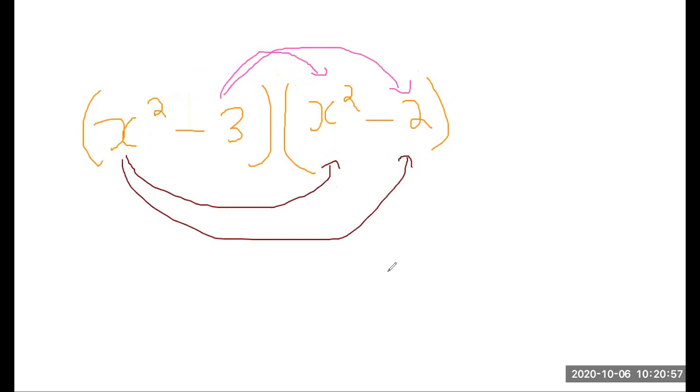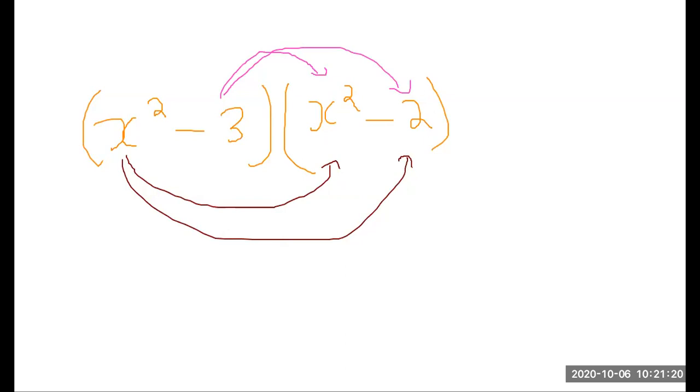So I have to do the distributive property several times, and I'm going to end up having more terms. Keep in mind, if each of these parentheses had 3 or 4 terms, I would have to do the distributive property 3 or 4 times. I have to do each term in the left parentheses for each term in the right parentheses.